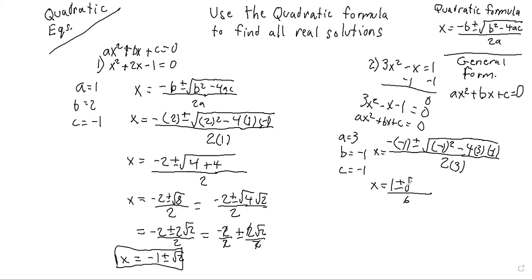Then we have the square root of negative 1 squared; again, multiplying the same sign, we get a positive 1. And here, we have a minus 4 times a 3, which gives us a negative 12. Then negative 12 times this negative 1, same signs multiplying, gives us a plus 12.